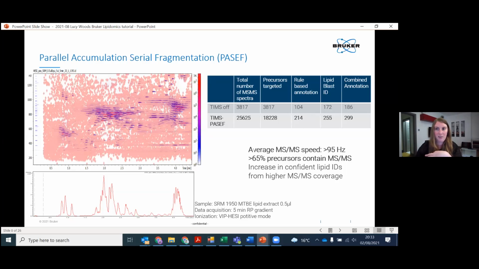You can kind of see this in the LipidBlast ID. LipidBlast covers more, I think already around 101 different lipid subclasses. This is why you have a higher number of annotations, and why this combined annotation gives you some additional ones, but you will have low overlap between the LipidBlast annotation and the rule-based annotation.